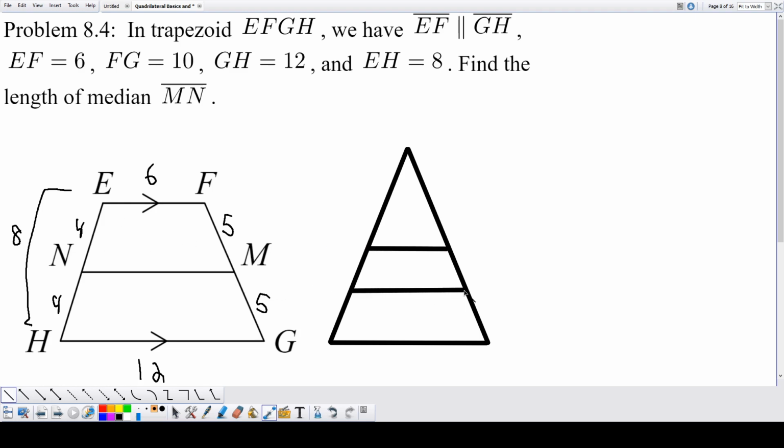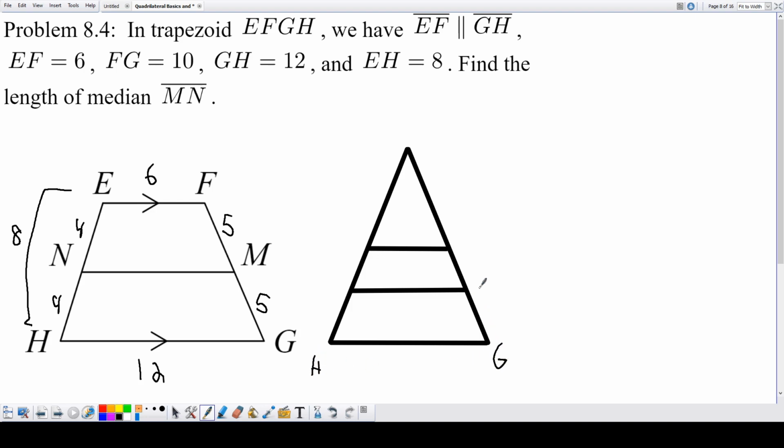This one will be NM. And we'll get the triangle H, G, M, F. I'm going to call this X. Then we have E, N, and I'll fill in some of the lengths we have.